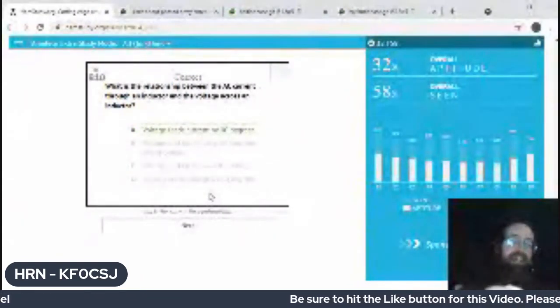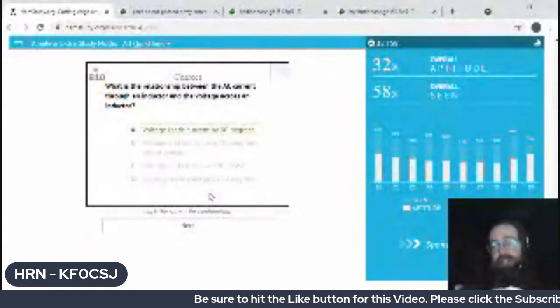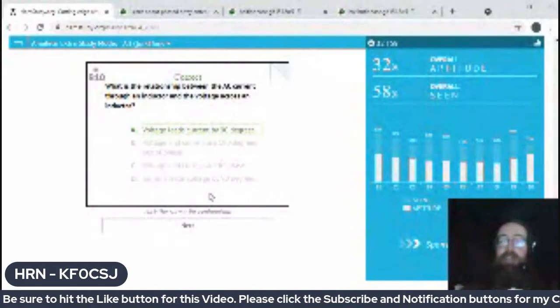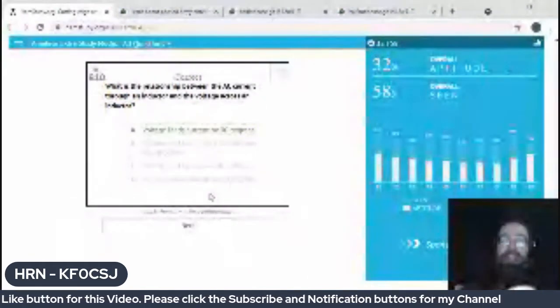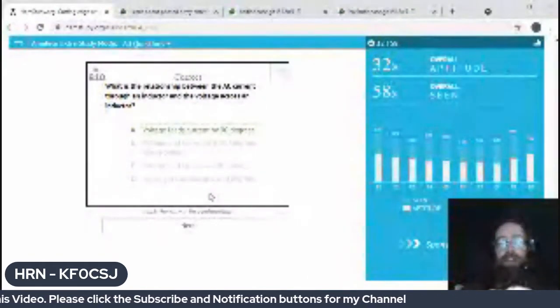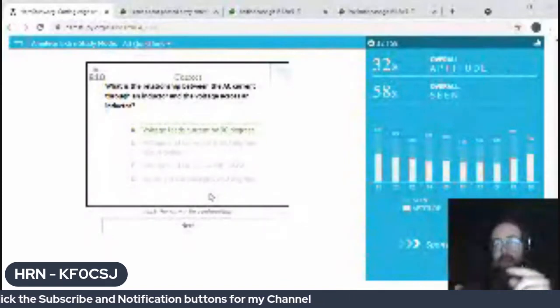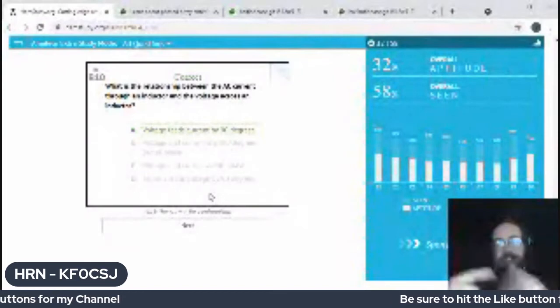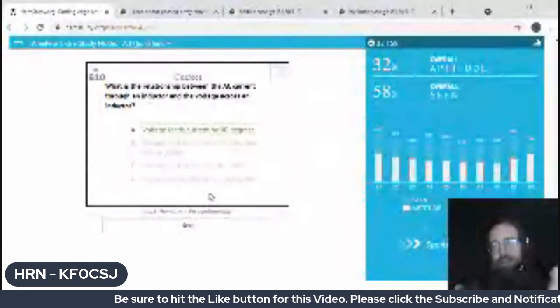So if you want to scream at me in the comments, I am 90% sure this does not make electrical sense, but in my head, the voltage will go right across the inductor, but the current as it's going through the inductor slows down.